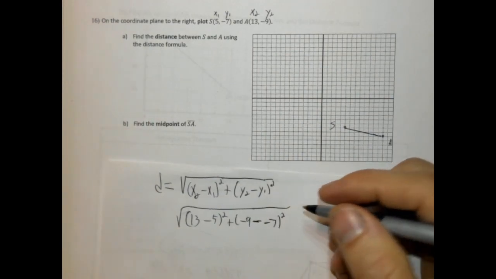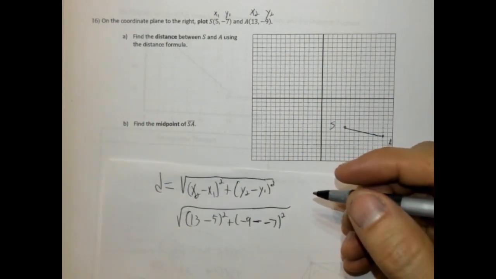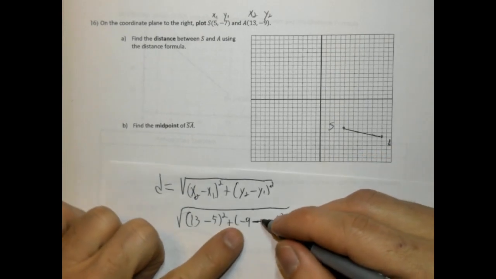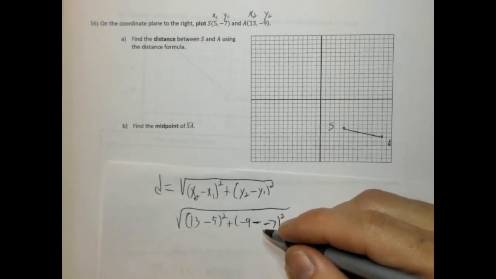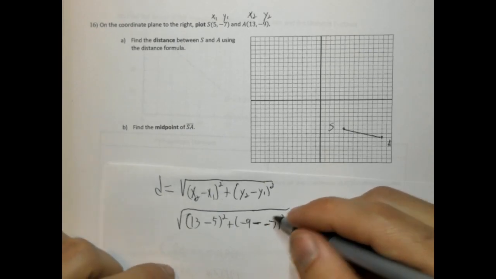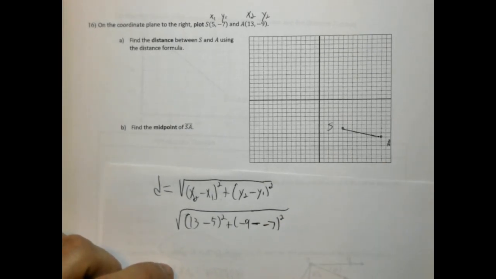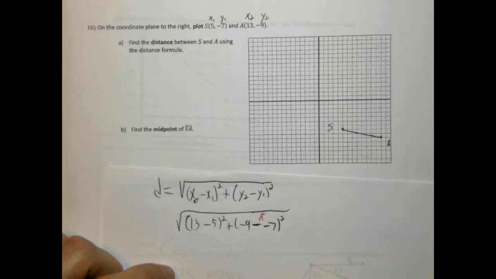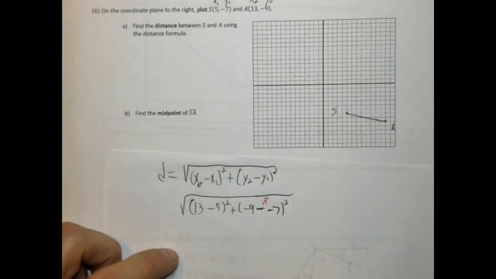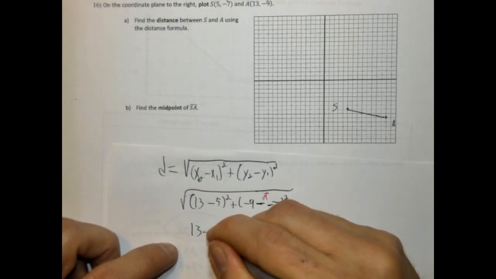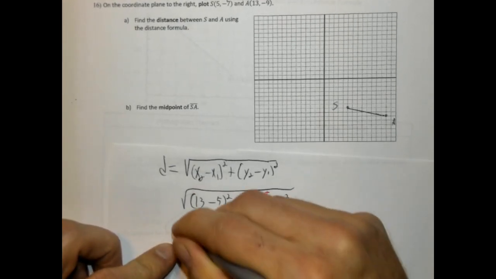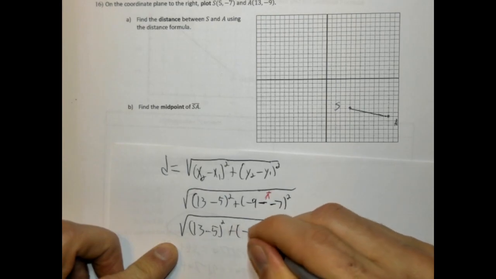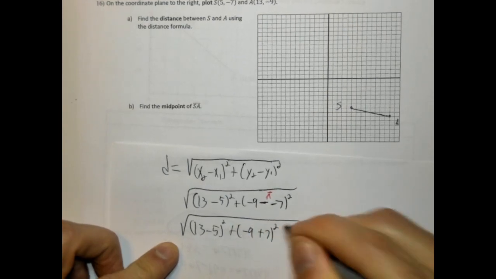So one thing you want to be careful of is the double negative here, because you're subtracting a negative, so you want to make sure you keep track of that. That's an area where students always seem to make mistakes on. Let's go ahead and change it to plus. So we're going to rewrite this. We're going to say 13 minus 5 squared plus negative 9 plus 7 squared.